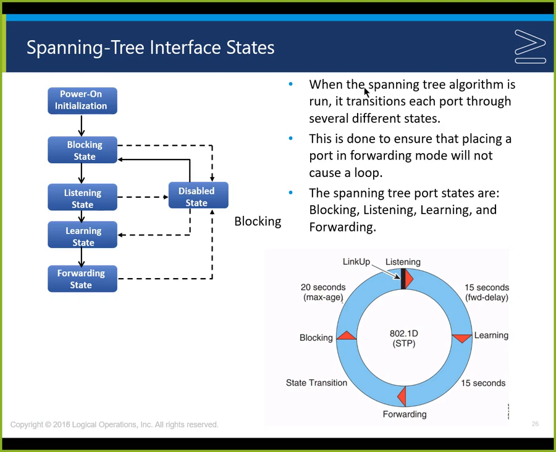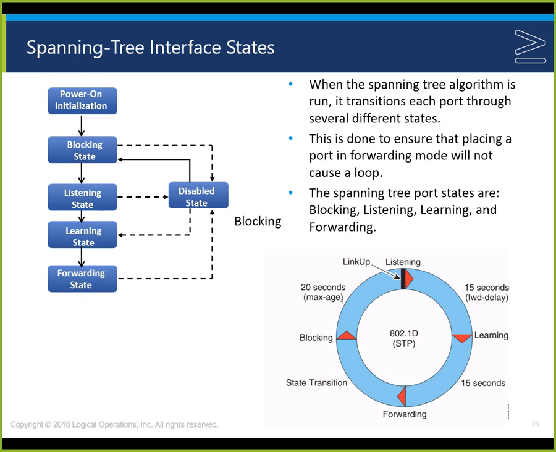So when the algorithm is run, it transitions each port through the several states, and the little circle down at the bottom, the blocking 20 seconds, which stays in blocking state. Then it goes into, this is per VLAN, listening state for 15 seconds, and then learning for 15 seconds. Blocking is pretty obvious.